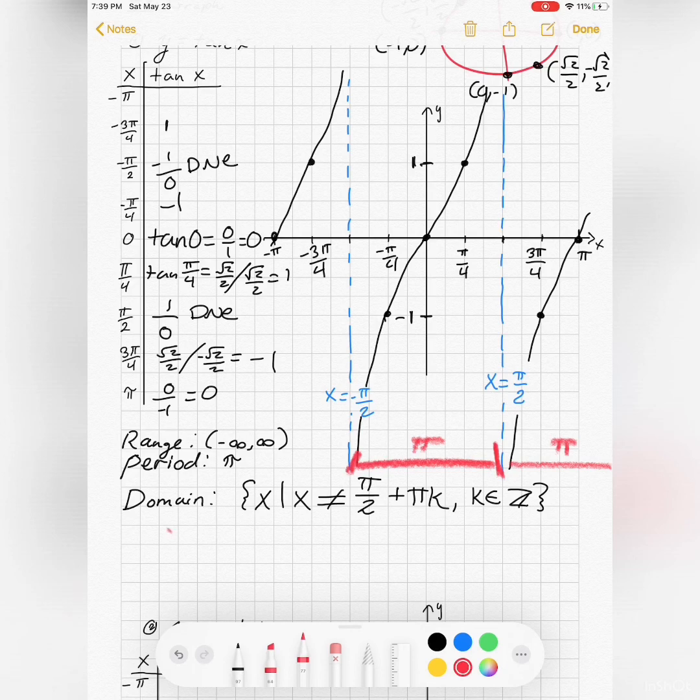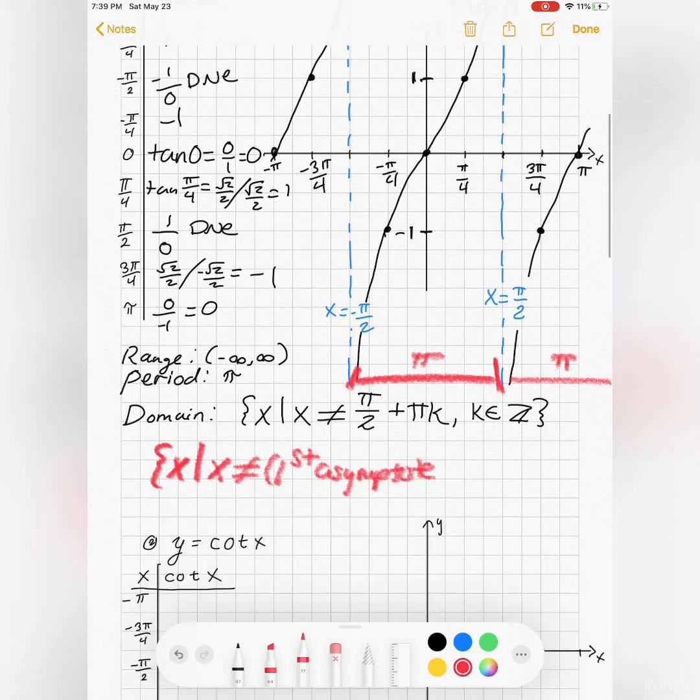So there's actually really a template that I could write there. For these functions with the repeating asymptotes, if I want to write the domain, I write x such that x does not equal, and then I put the first asymptote, that was the pi over 2.